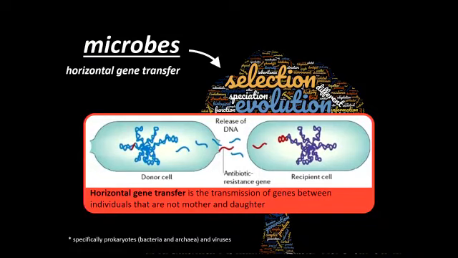It's the idea that bacteria and archaea can transfer genes from one to another through several mechanisms. So now the frequency of genes in the population does not only change because of natural selection or because of chance, but also because these variants are actively transmitted between organisms, between individuals.